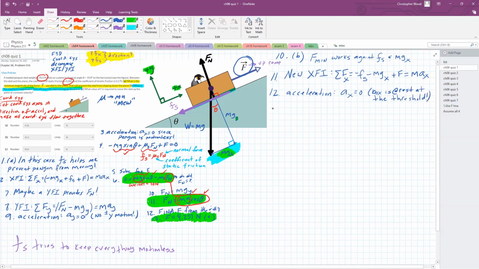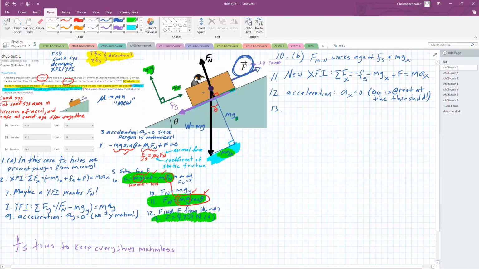Okay, so just for clarification purposes, you're operating under the assumption that there is acceleration, just enough to barely move it, but it's going to be so close to 0 that you're going to assume it's 0, like at that inflection point? I'm operating on the assumption that this force vector, this force right here, just reaches the value it needs to reach so that it will overcome MGX and FS to start the box moving.